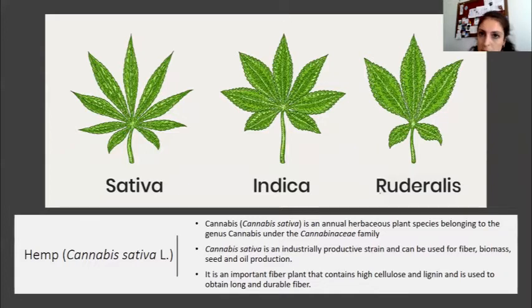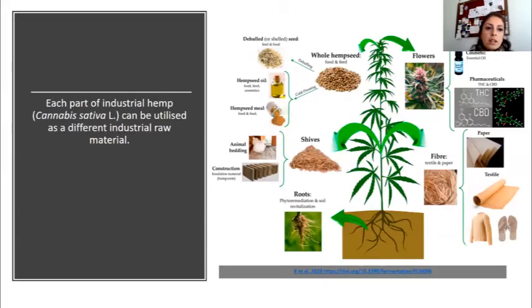It's very important because fiber plants contain high cellulose and lignin and are used to obtain long and durable fiber. As I said before, hemp is a very special plant because each part of hemp is valuable and can be used commercially.